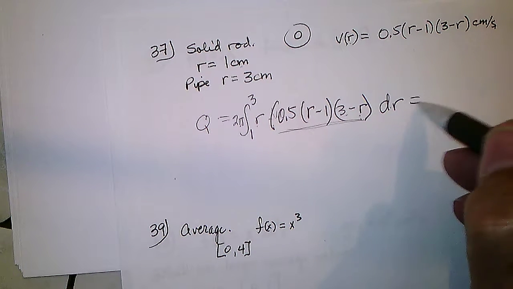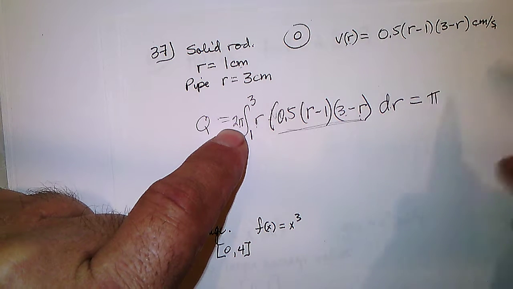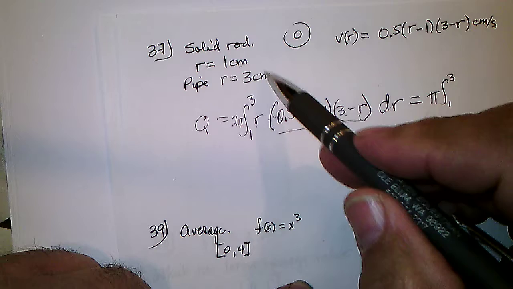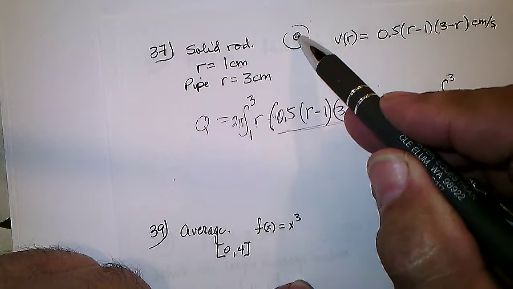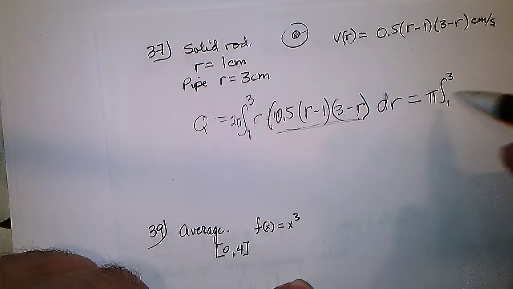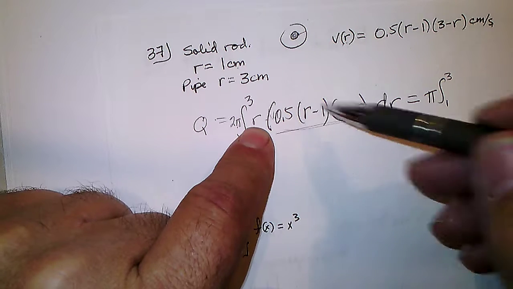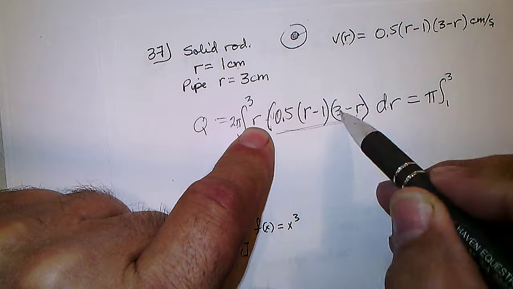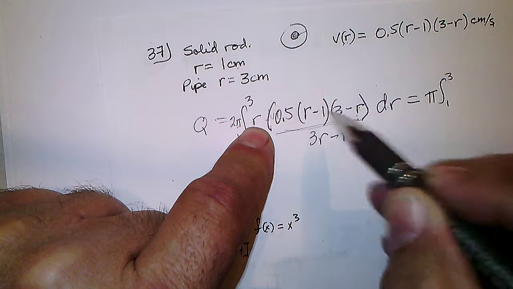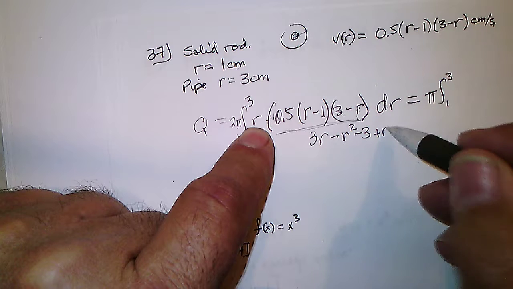So we get the 0.5 can come out times the 2. That makes it just pi, 1 to 3. We're not going to do it inside the solid pipe, the rod inside. It's just from outside of it to where we go, from 1 to 3. And we have, if we multiply this and then take it times that, let's do this, 3r minus r squared minus 3 plus r.